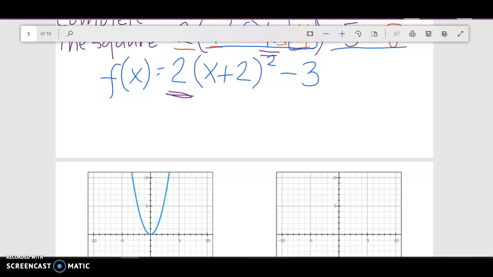We're going to multiply from our parent function. So this is the parent. We're going to multiply by 2. So that's going to be a vertical stretch. Every y value we're going to multiply by 2. Okay, so it's going to make our function skinnier. So that's just the first transformation.